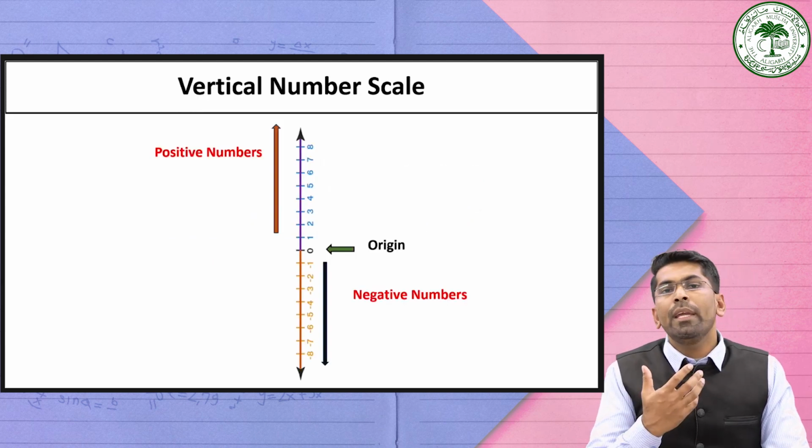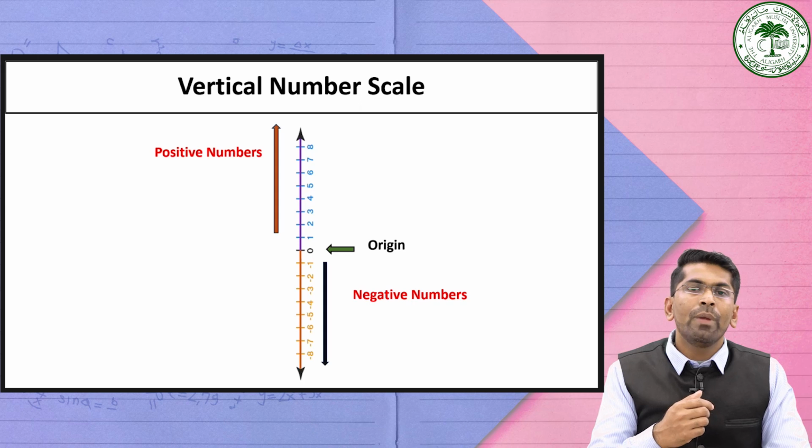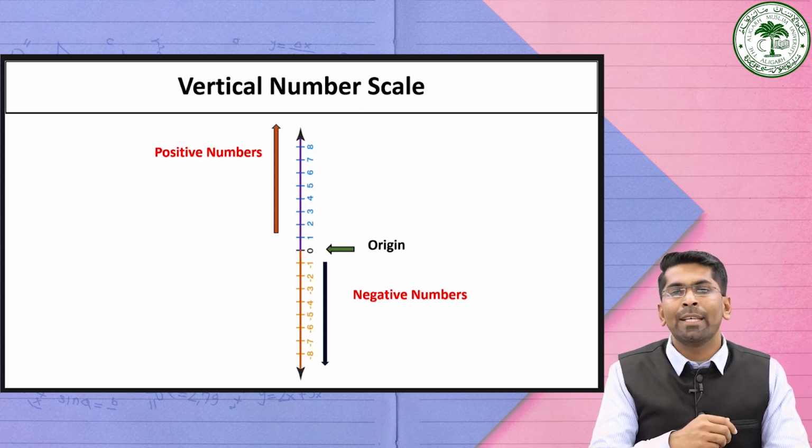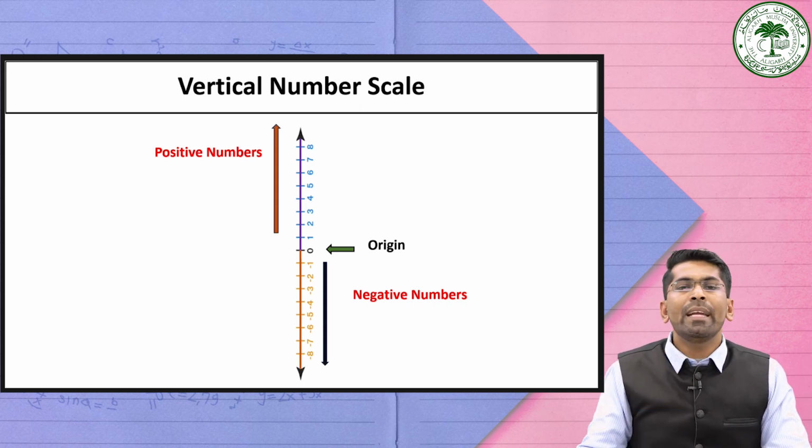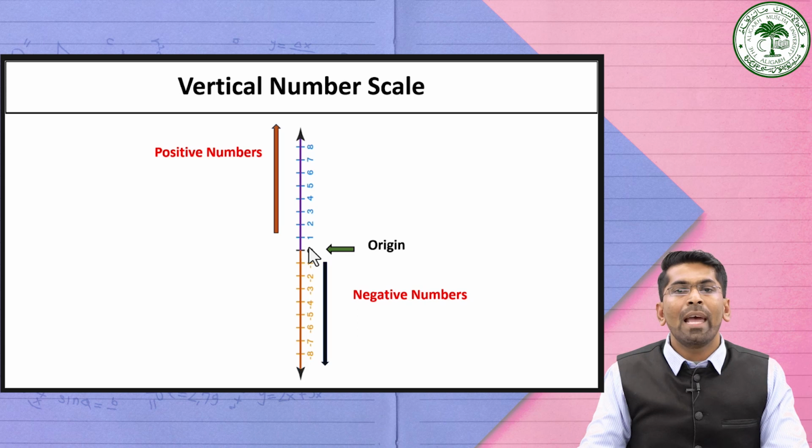Similar to the horizontal number scale, we have a vertical number scale as well. This is the line or axis representing number values which are oriented vertically.